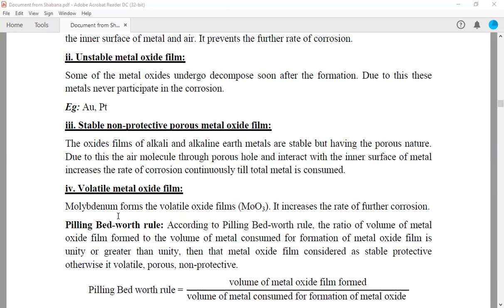To express the extent of protection given by the corrosion layer to the underlying metal, the Pilling-Bedworth rule was postulated.